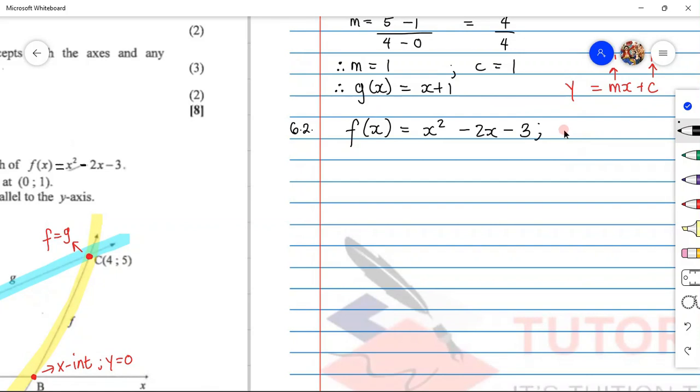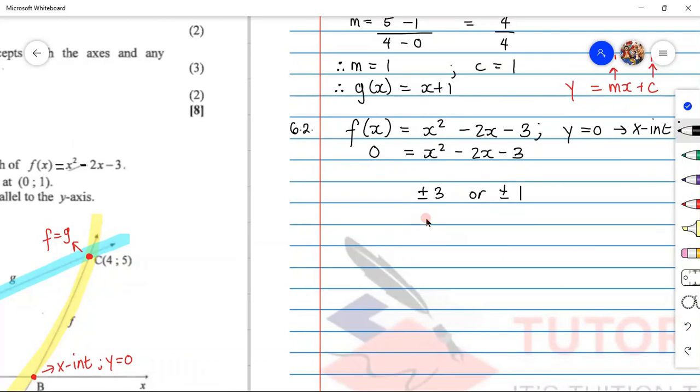And we need to substitute y equals 0 in order to find the x-intercept. So we'll substitute y as 0. It's going to be x squared minus 2x minus 3. Now, if we were to factorize this, we need to find the factors of negative 3 that when added give us negative 2. So we know the factors of negative 3 are positive and negative 3 or positive and negative 1.